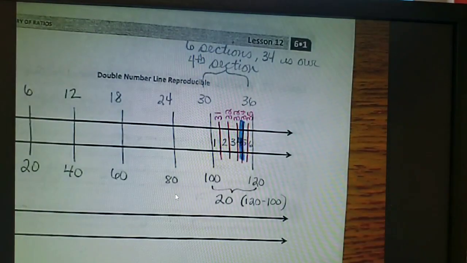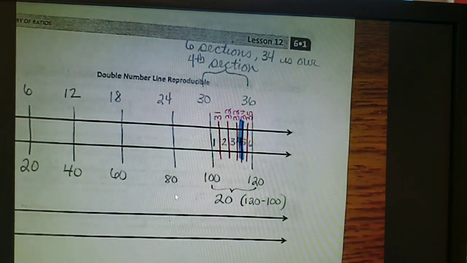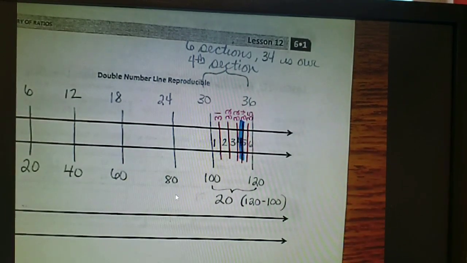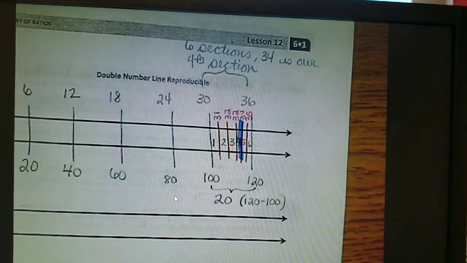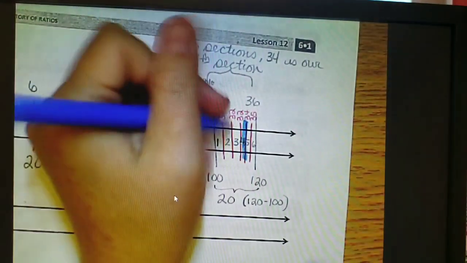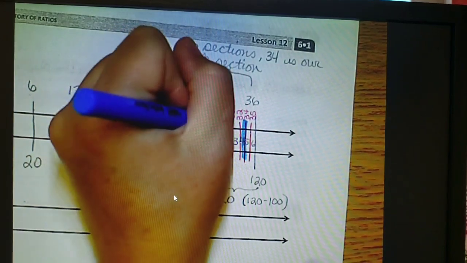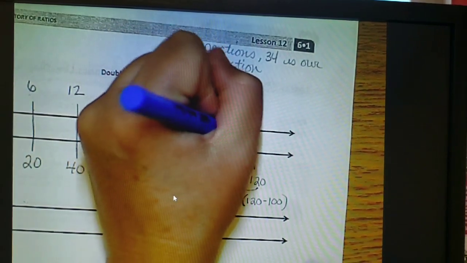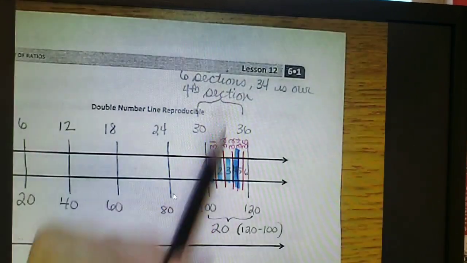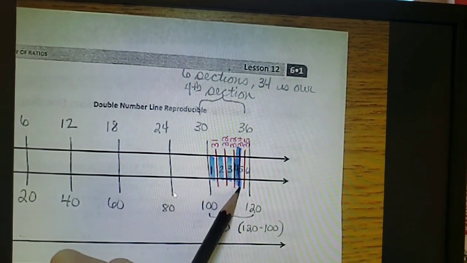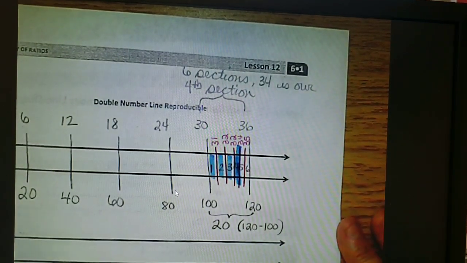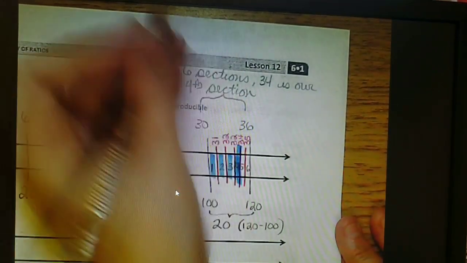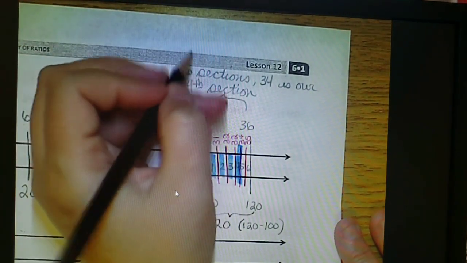Okay, so if we look, I'm going to do it in blue because we're already in blue. So here's 1 section, here's 2, here's 3, here's our 4th section. Okay, so it stops at 34 at this 4. Okay, so your sections are your lines, just in case you're wondering.